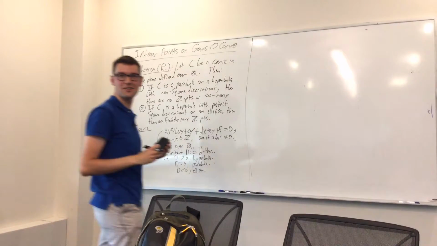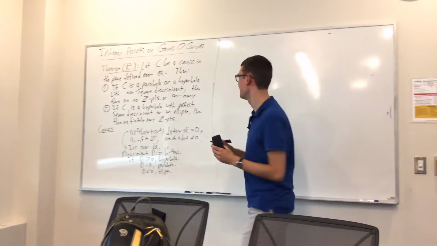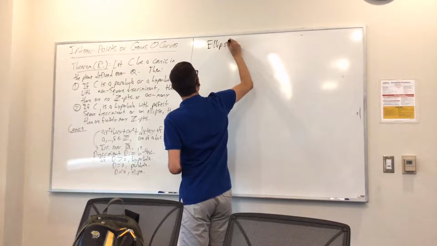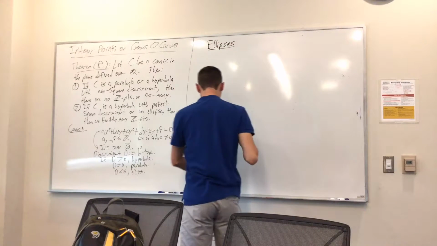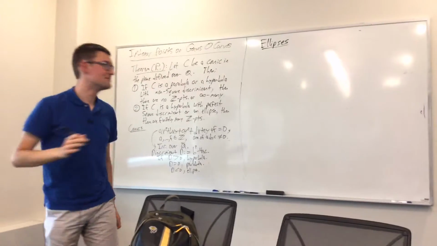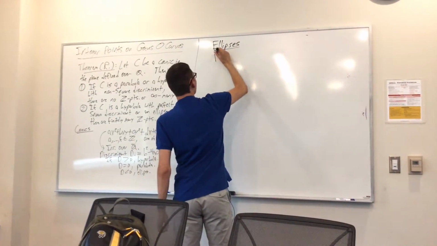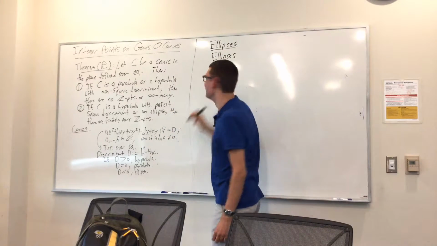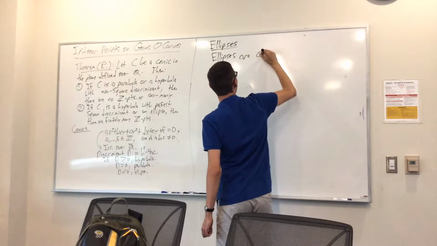Is it all making relative sense? All right. So for ellipses, there's basically a 3-word proof, which you can fill in, and one of the words is ellipses, so I'm not really gaining anything. All right, ellipses are compact.